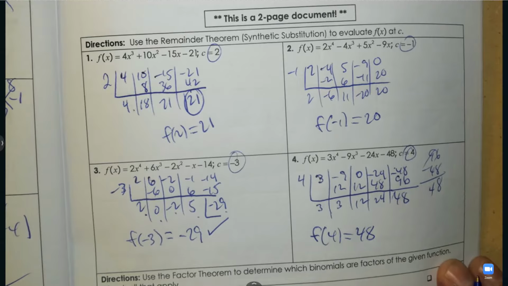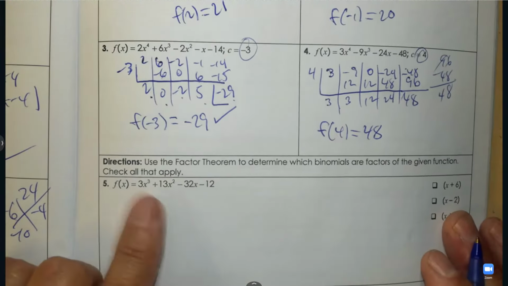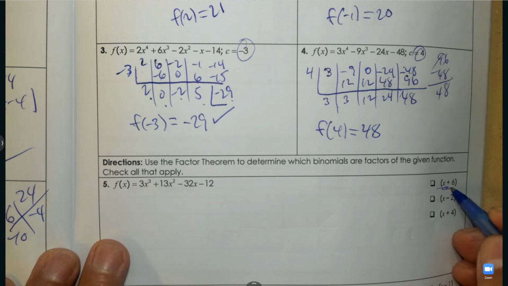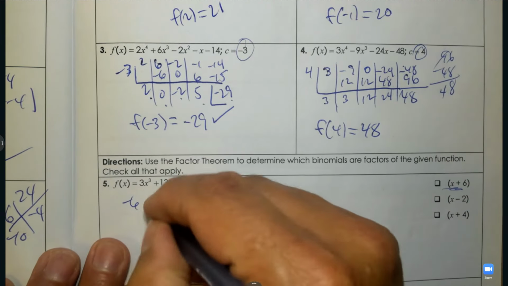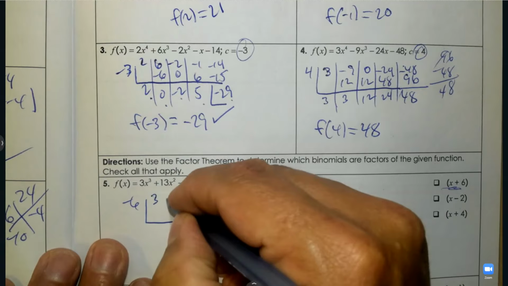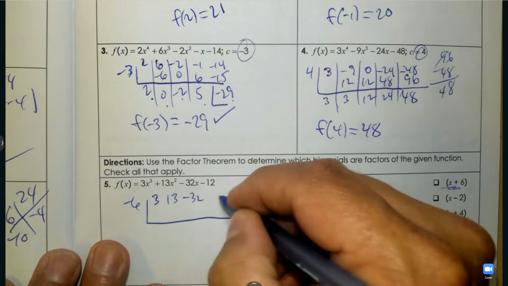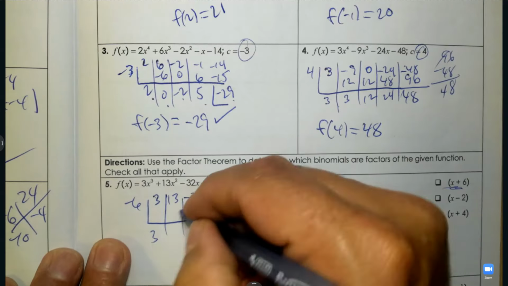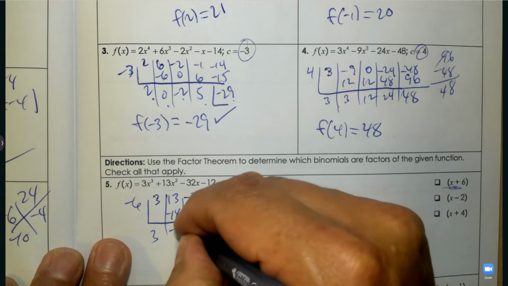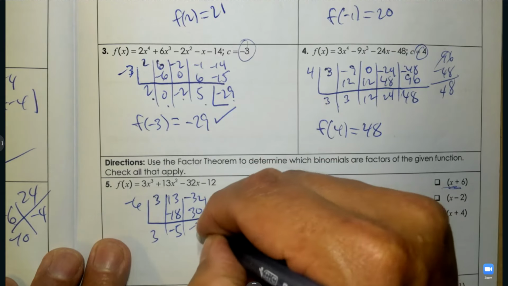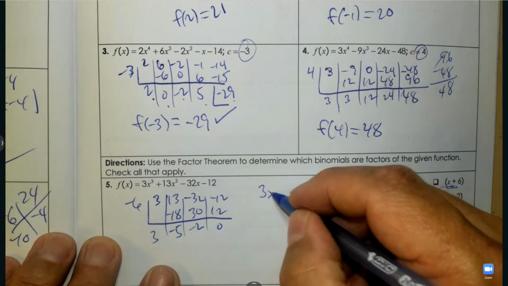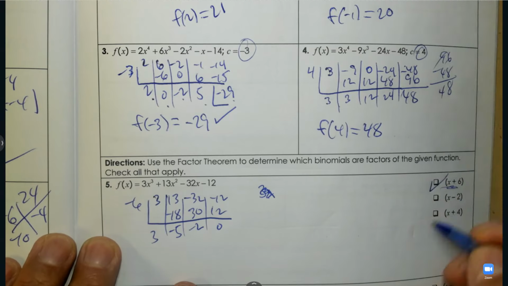That's called synthetic substitution. Next, we're going to use the factor theorem. If I want to know if this is a factor, I take the 0, that's negative 6, and I divide it in and see if the remainder is 0. That's the remainder theorem. So 3, negative 18, negative 5, 30, negative 2, 12, and what's left over is 0, so it works, check mark.